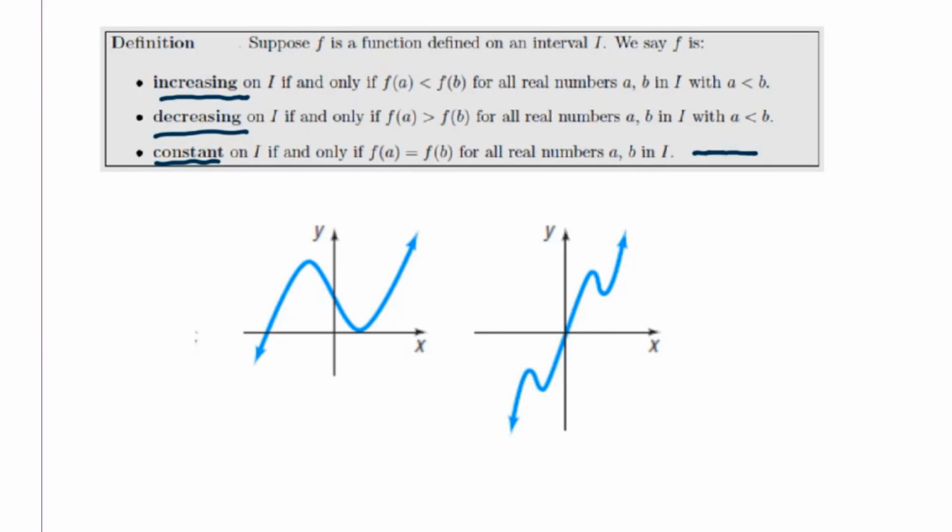That's a constant function. For a given graph of a function, you have to read from the left side to the right side. When the graph is going up, it means increasing. When the graph is going down, we call that part of the function decreasing. For example, this is an increasing function because from left to right it is going up.